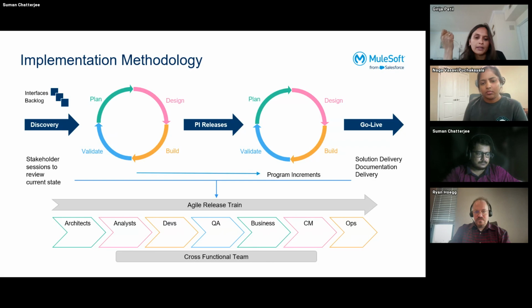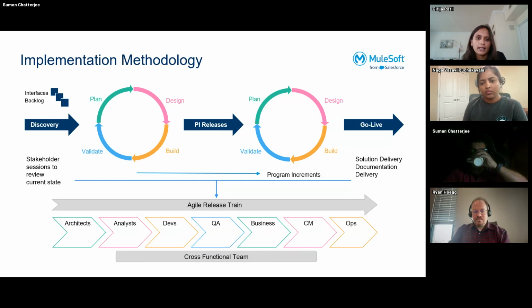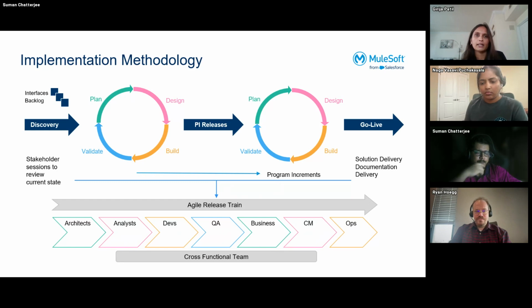So we were able to achieve a good velocity in the migration process. While having these discovery discussions, we were able to identify the tactical interfaces, or as we said, the low hanging fruits. These would give a customer a quick win and maximum efficiency with minimal effort.